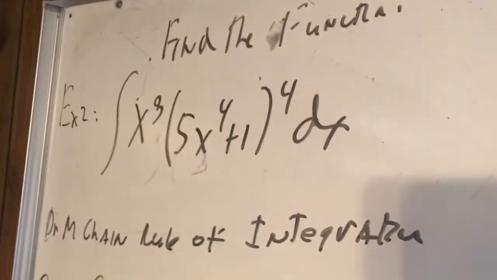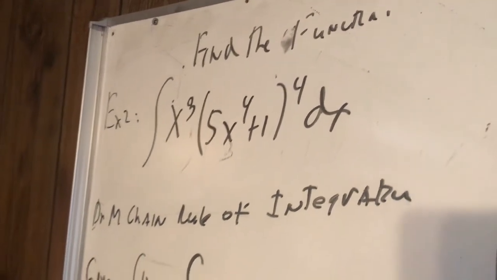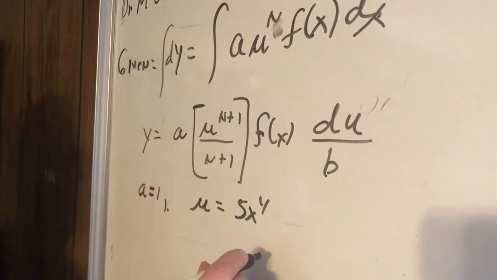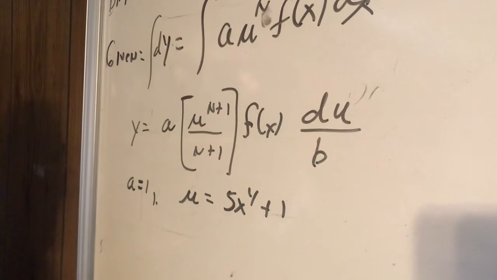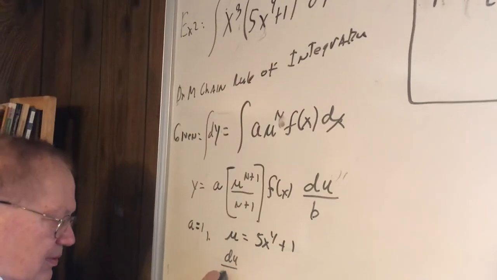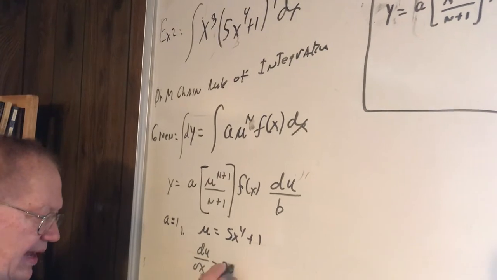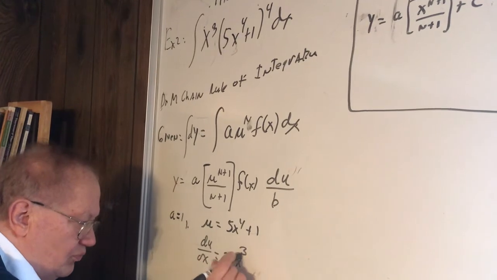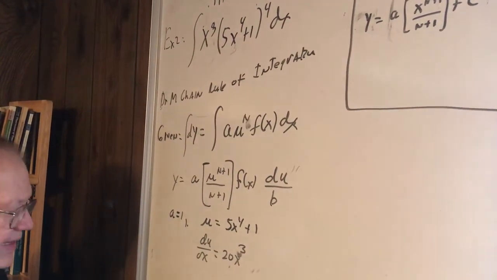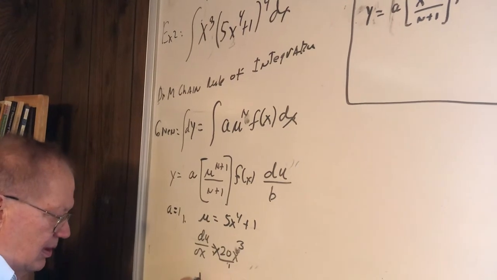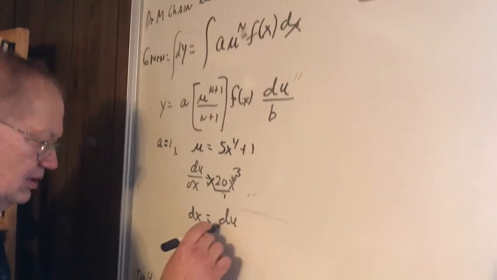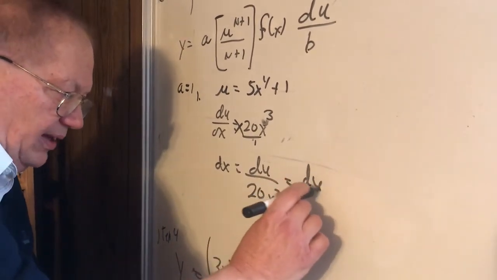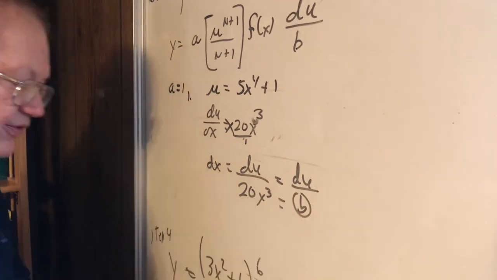So for this problem, a equals 1. u is going to equal what's inside the binomial, 5x fourth plus 1. I have to take du dx, 20x cubed, sorry. Now let me solve for dx. dx is going to be du over 20x cubed. So this is du over b, where b is 20x cubed.